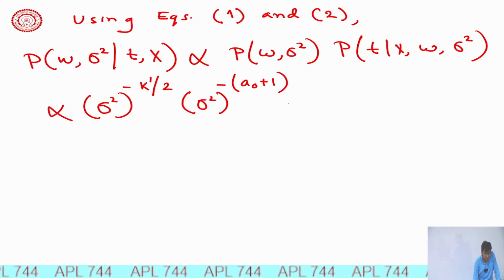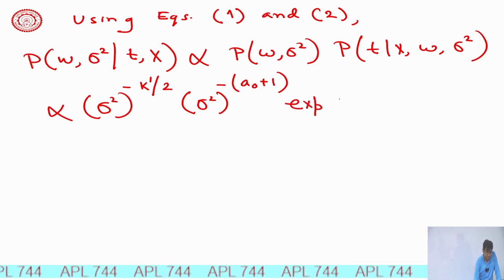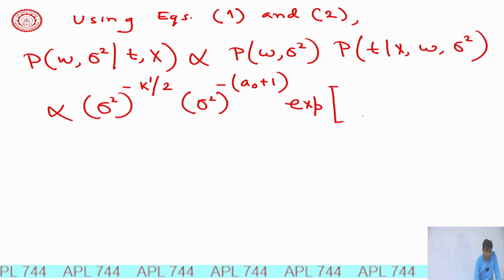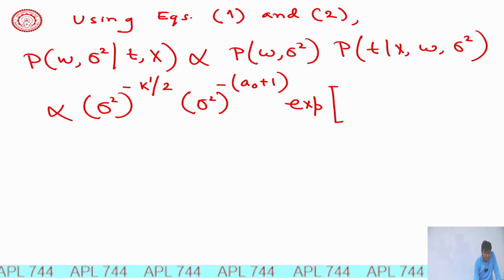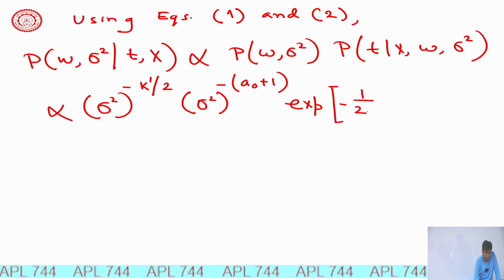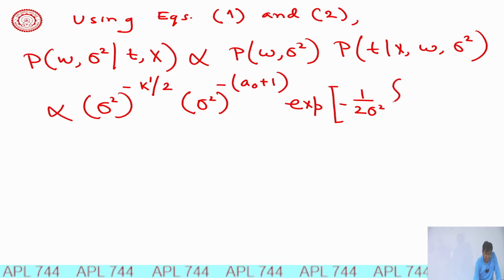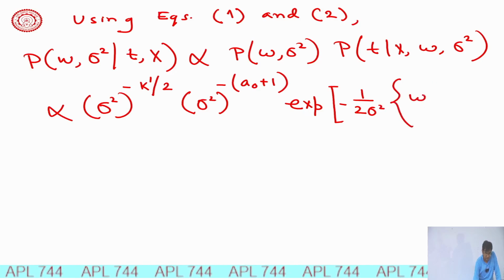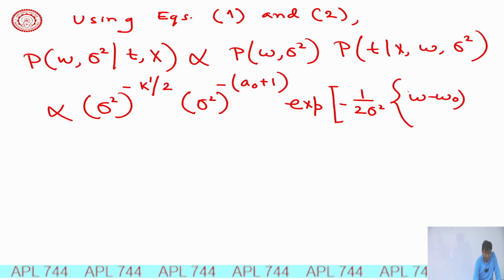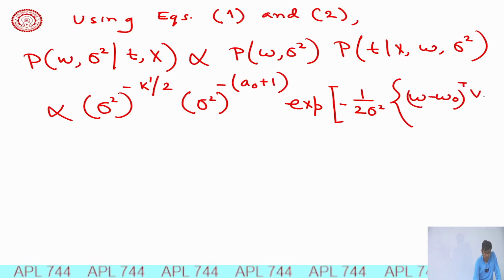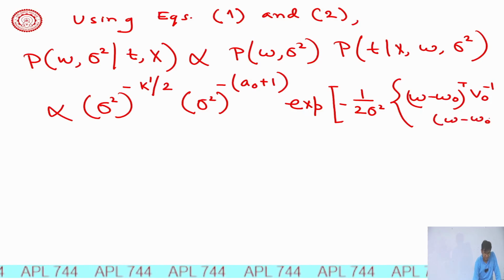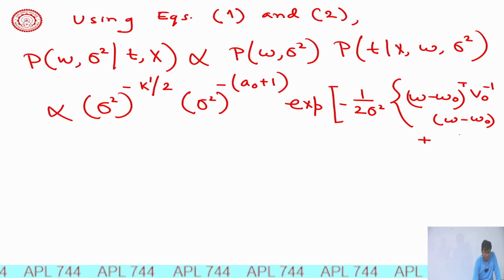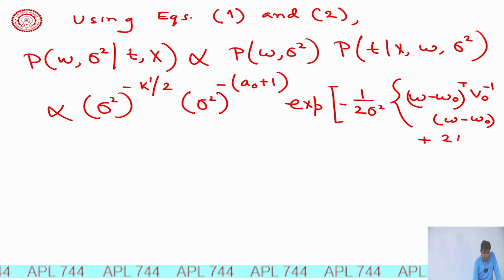And then exponential, inside that I am now going to combine the prior and likelihood both. So, minus 1 by 2 sigma square and then I will have w minus w naught transpose v naught inverse w minus w naught plus 2 b naught.